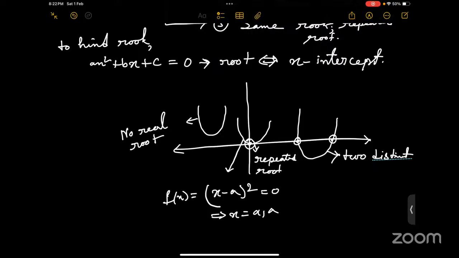In that case, we will get two similar roots. Here we will get this type of factor, x minus a, x minus b. If we equate it with 0, then we will get x equals a, b. So this is our a and this is our b. That means two distinct real roots.